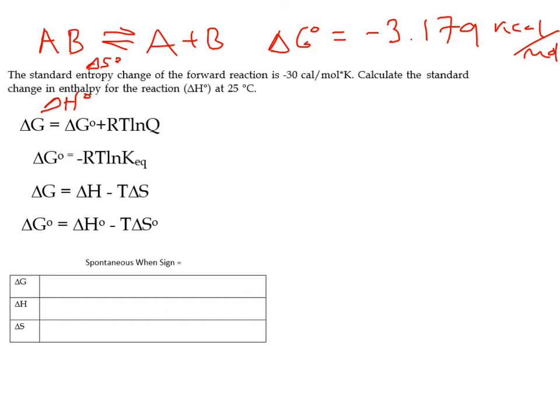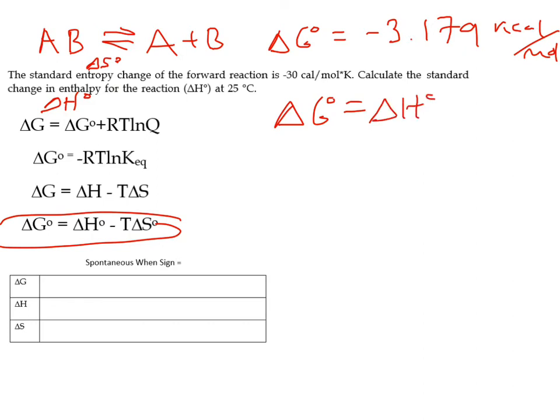So if we're looking here, which one do we care about? We care about this one. We have delta G naught from the last part of the question. We have delta S naught, negative 30, and we have delta H naught being solved for. So again, I'm going to start out solving the equation without any numbers in it, just for the thing I want to get.